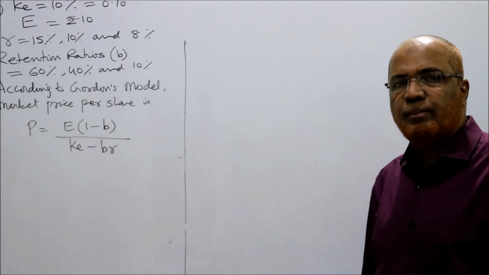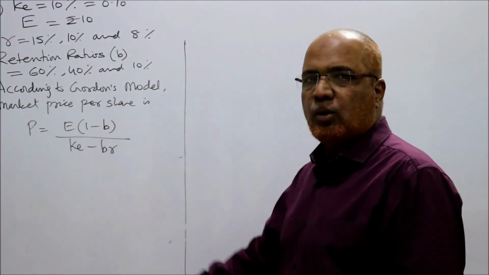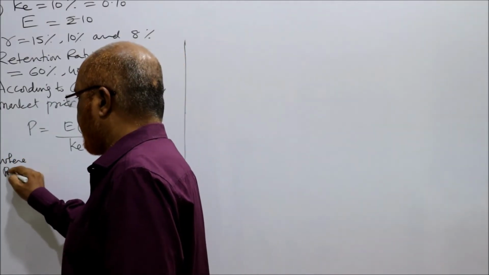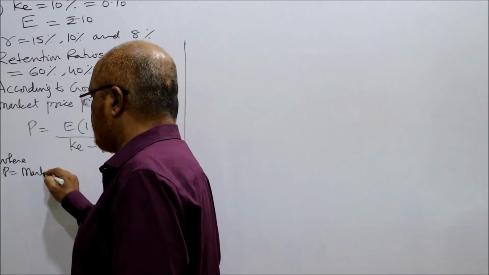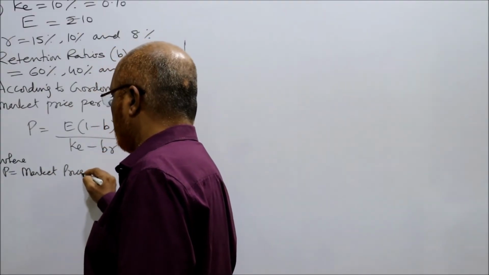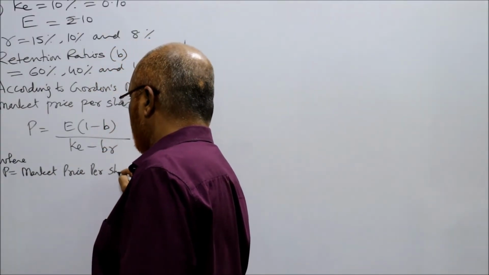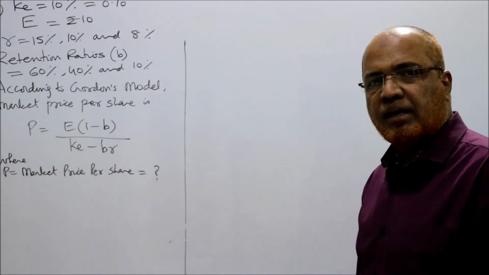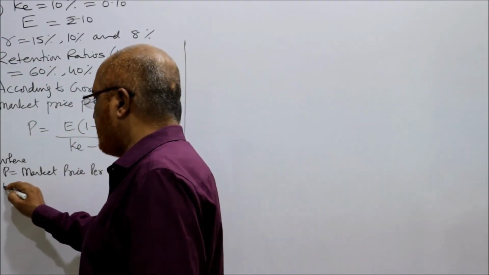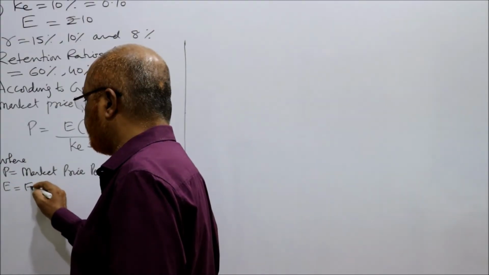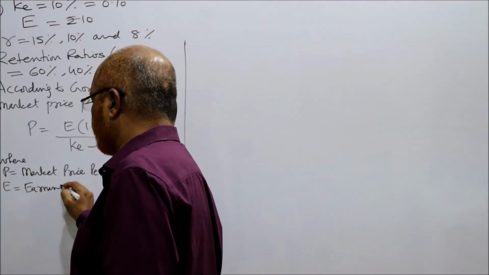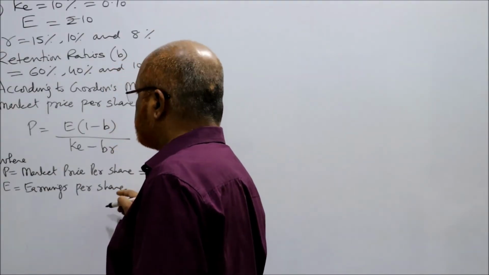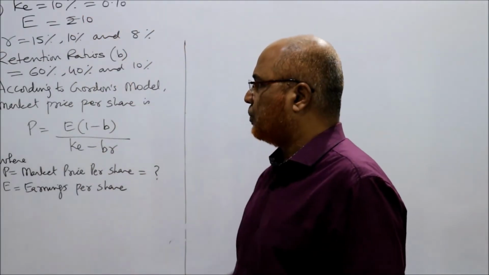This is the formula given by Gordon, where P is equal to market price. This we have to calculate. E is equal to earnings per share. In the present problem it is given, earnings per share 10 rupees.